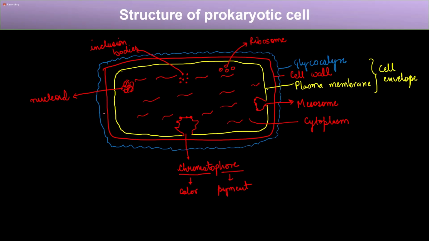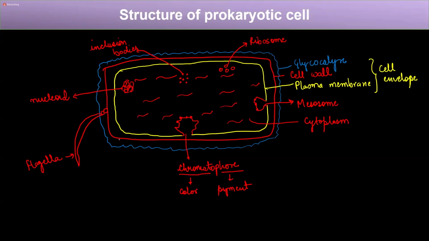But these prokaryotic cells also have surface structures, that is, structures present on the surface apart from the boundary. One of these structures is the extension of the cell wall, and it looks something like this. This structure is called flagella.